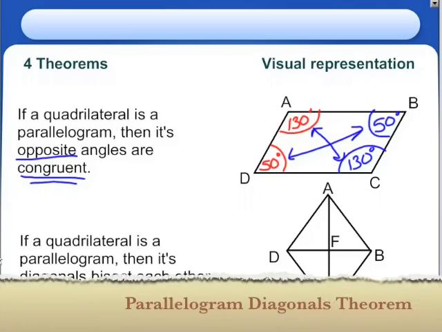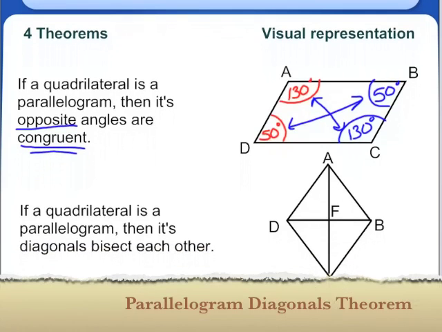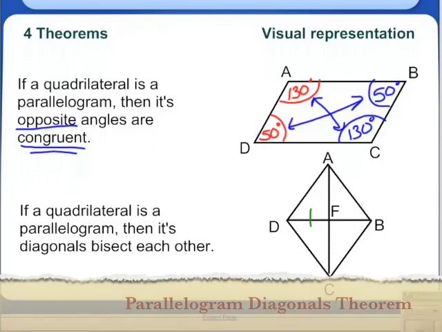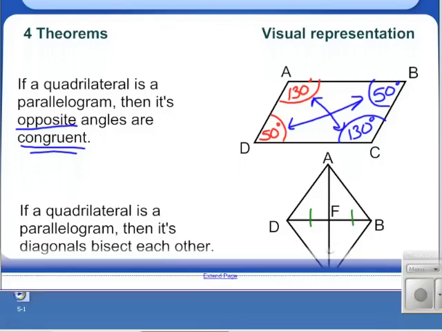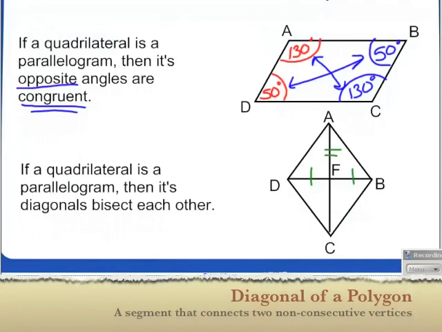Perfect. Last theorem. If a quadrilateral is a parallelogram, then its diagonals bisect each other. What does that mean? All right. If segment BD is bisecting AC, we know that DF is congruent to FB, and we know that AF is congruent to FC.